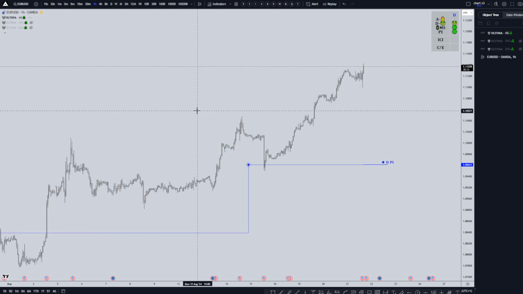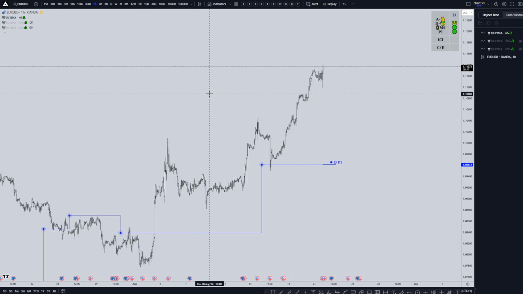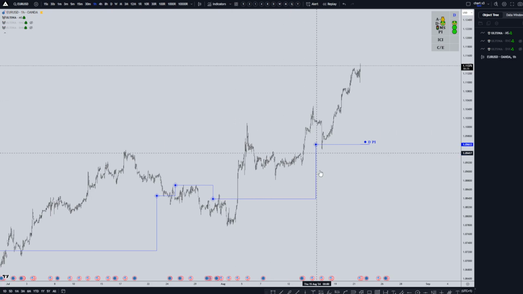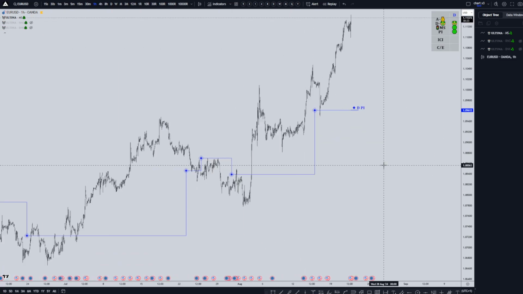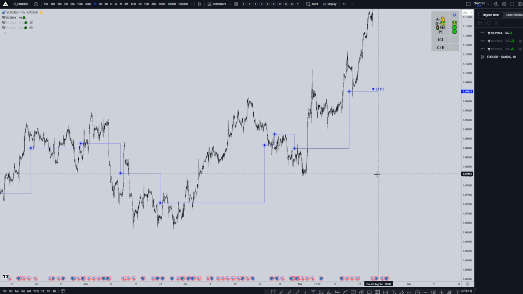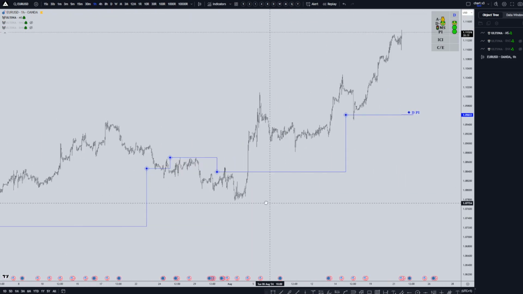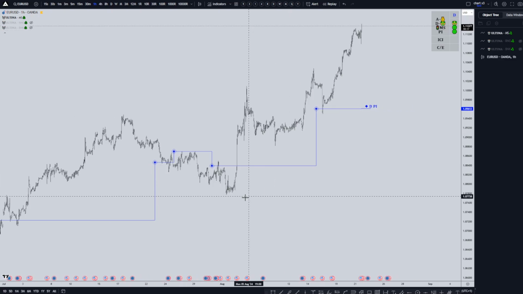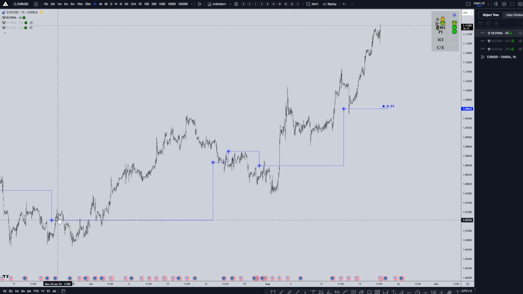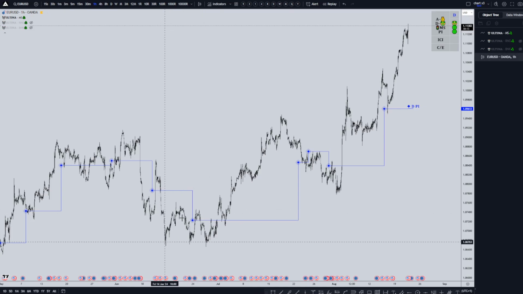So power index basically tracks the imbalances, fair value gaps. And what's the fair value gap's job? To mitigate and deliver higher price, right? So we can see from this point, on this accumulation, we had the exchange from bears being aggressively in control, changing hands to the bulls, right?